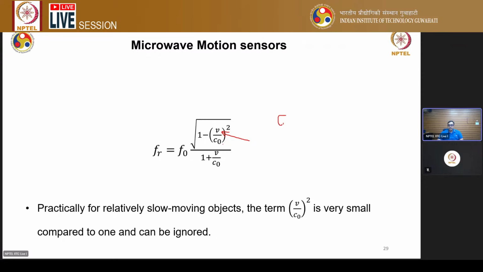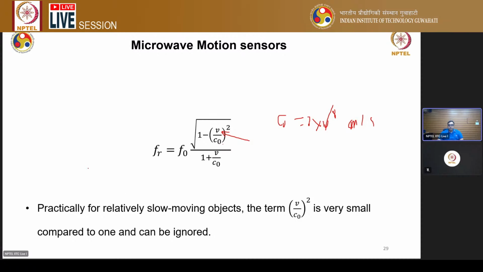We know that c0 is of the order of 3 into 10 power 8 meter per second, so the object will be a slow moving object as compared to light.